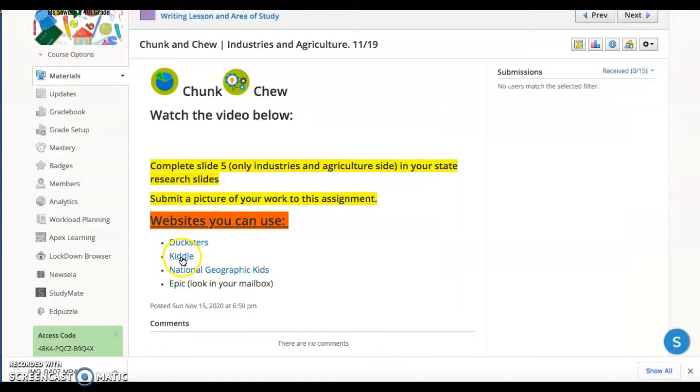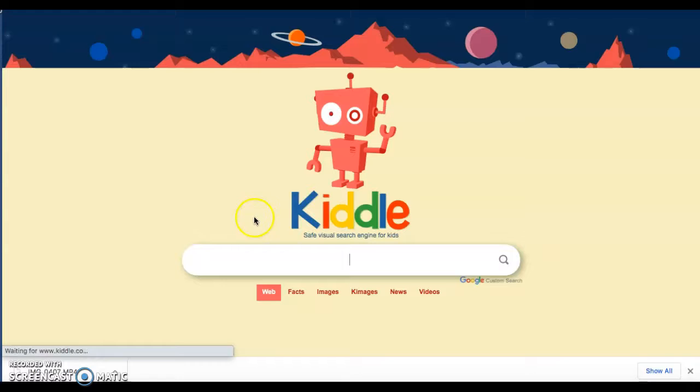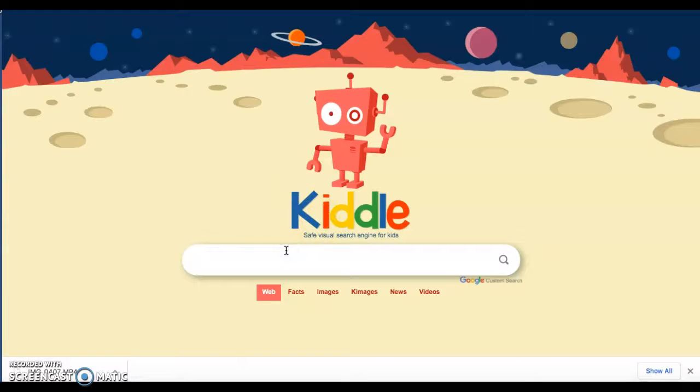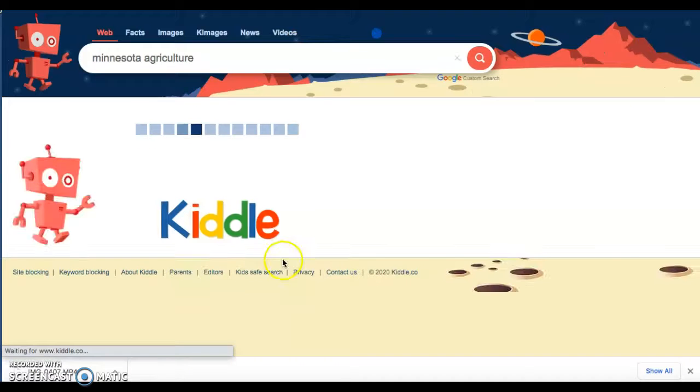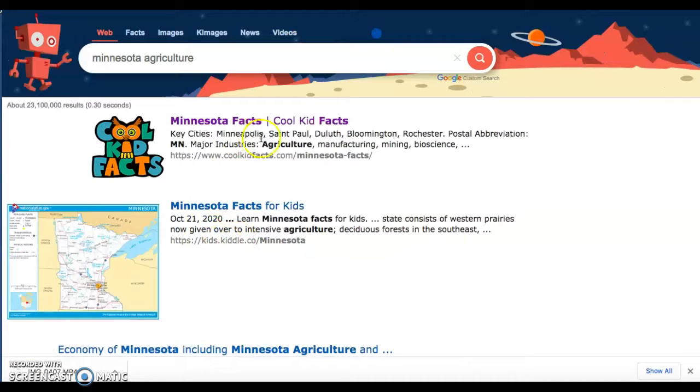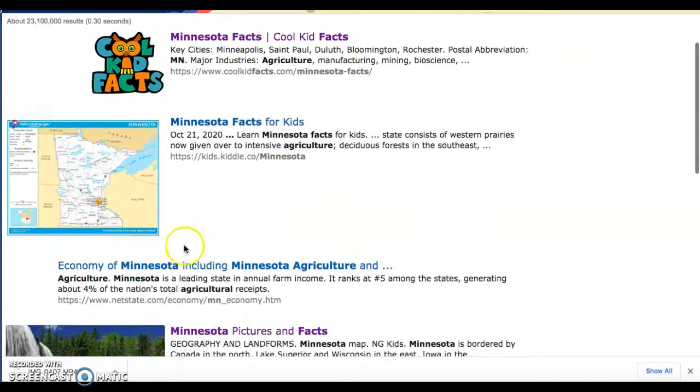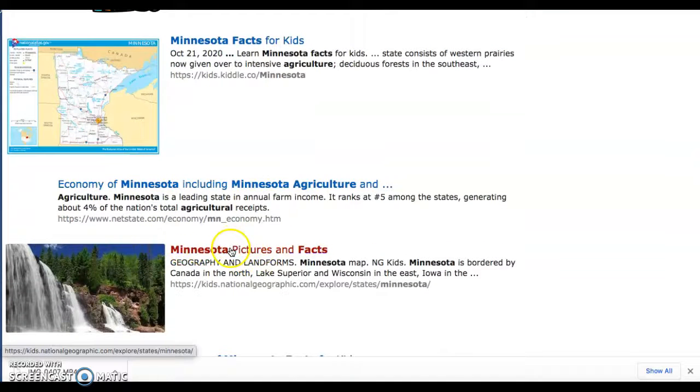So let's try Kiddle. And here we actually have to type something in. So we can type in our state, and we can type in either agriculture, and we're going to come up with some things that will help us.